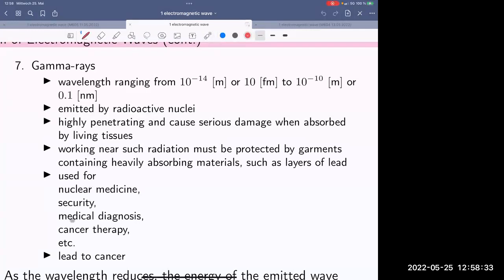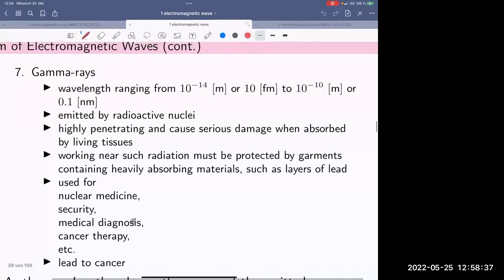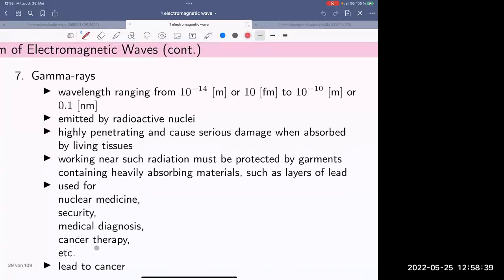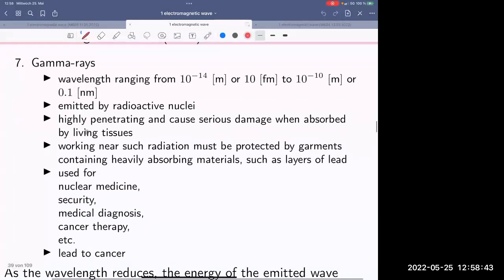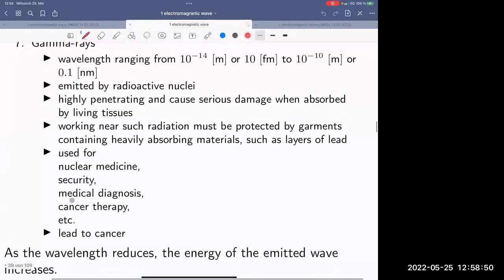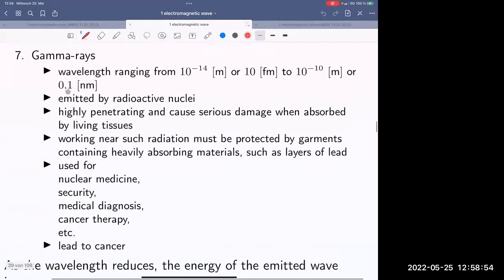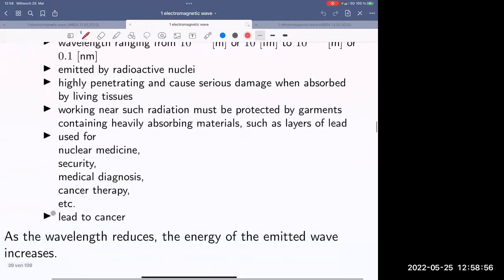It's used also for medical diagnosis and to cure some types of cancer. There are also other applications from gamma rays. But if you absorb the gamma rays accidentally, you may get cancer easily. That's the bad thing.